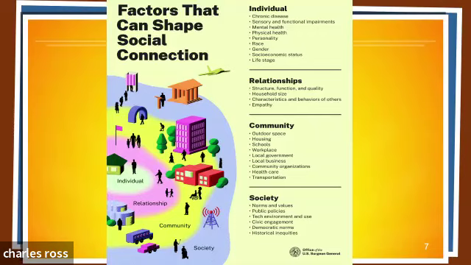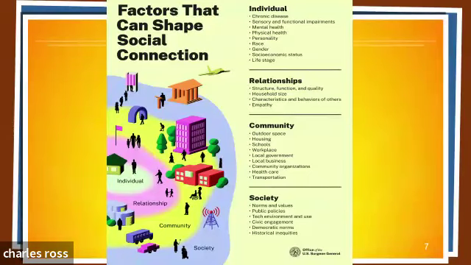Other factors that can influence your social connections are your relationships: whether you are partnered with somebody, whether you have a family, whether you have extended family living nearby, your house.